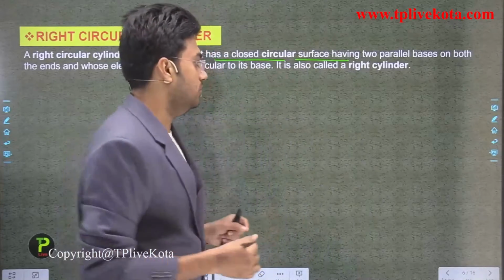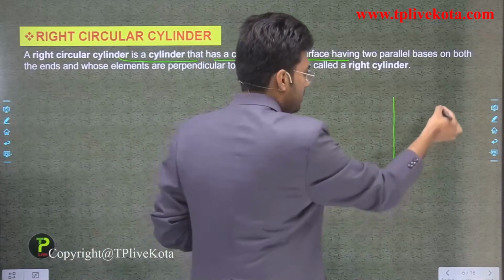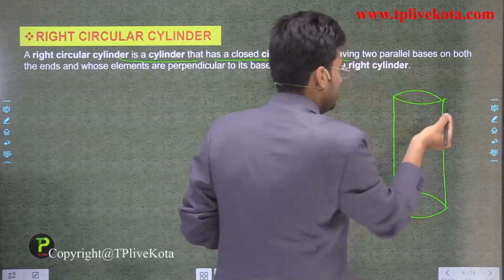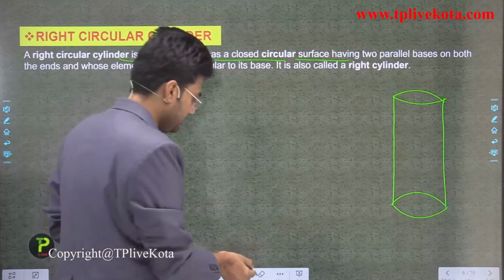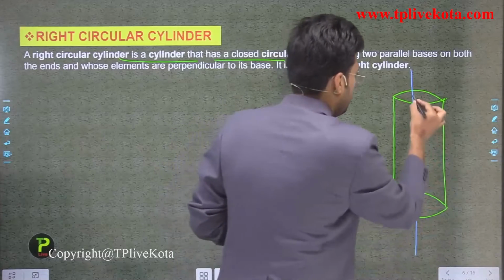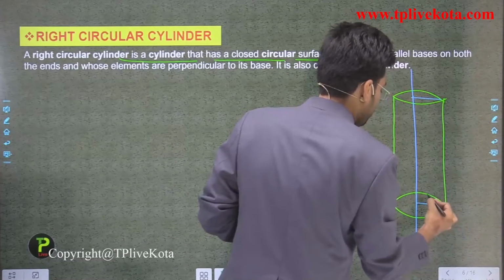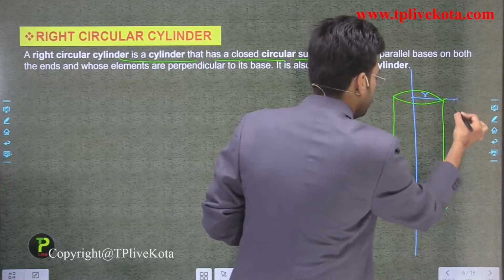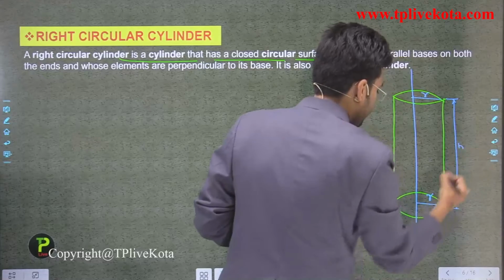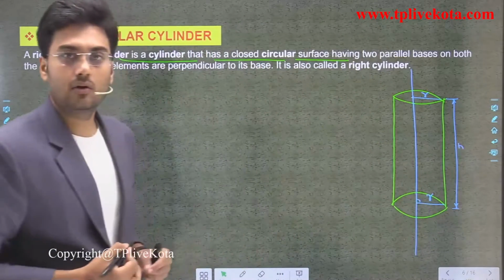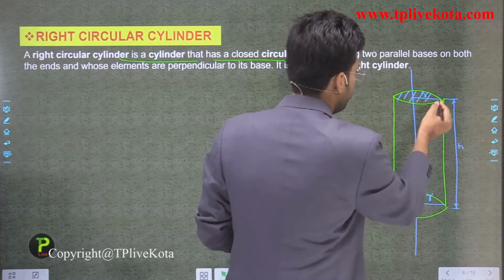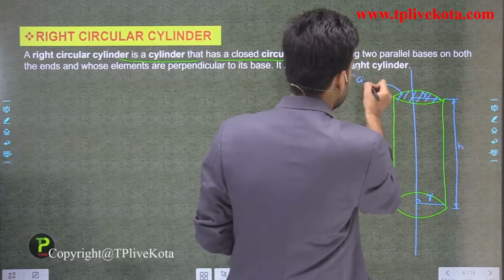Clear? So this is the right circular cylinder. And students, this is the radius and this is the height. This is the height and this is perpendicular. Okay, so this is the right circular cylinder, and these both bases are circular bases.